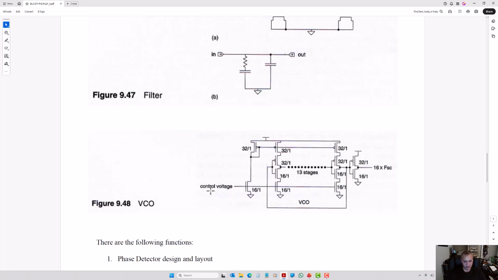Sweep the voltage here, and then measure the frequency that you get out of the oscillator. And then you can plot in Excel frequency versus voltage, and you are going to see some type of S-curve that is tilted, but there is going to be a good region of linearity in the middle, and that's the useful operating range of the phase lock loop from a frequency and output frequency perspective.